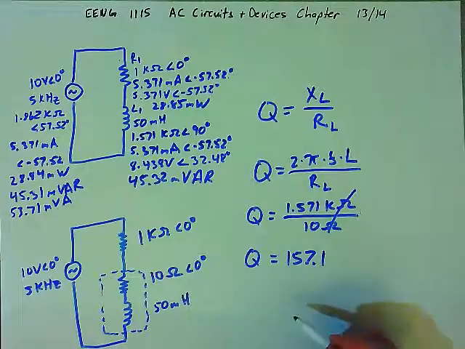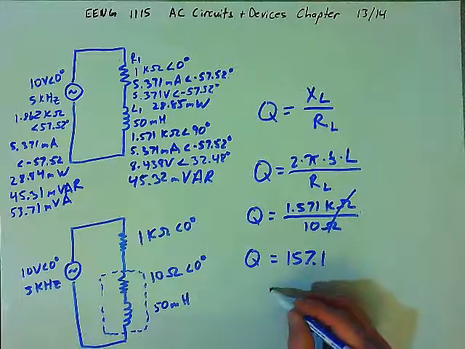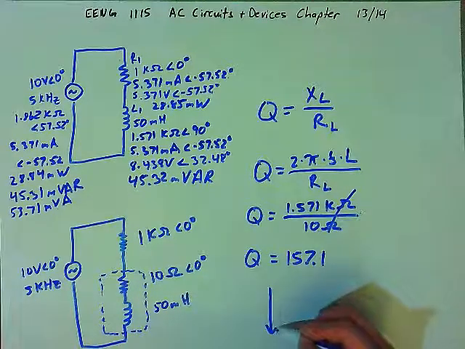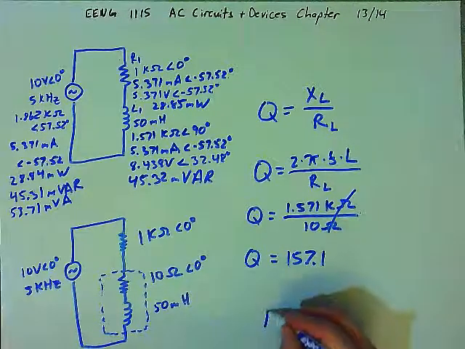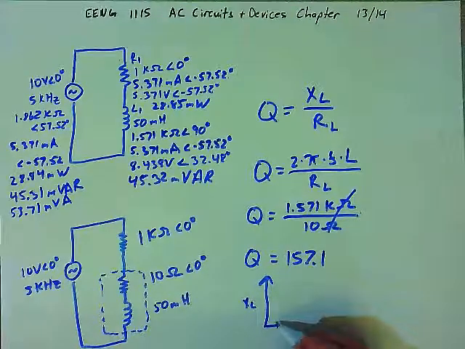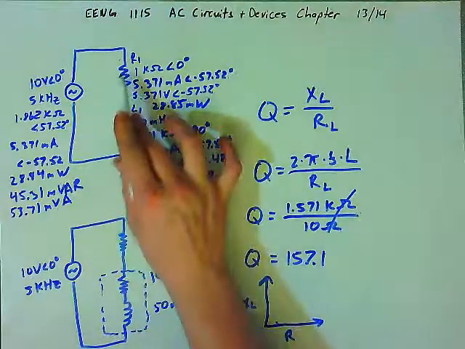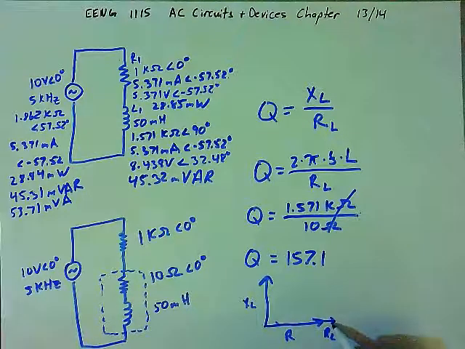If you looked at the vectors that make up the total resistance of this circuit, we have the inductive reactance, X sub L. We have the resistance of the circuit, which is the actual resistor. And then we also have the resistance of the inductor, which is relatively small.